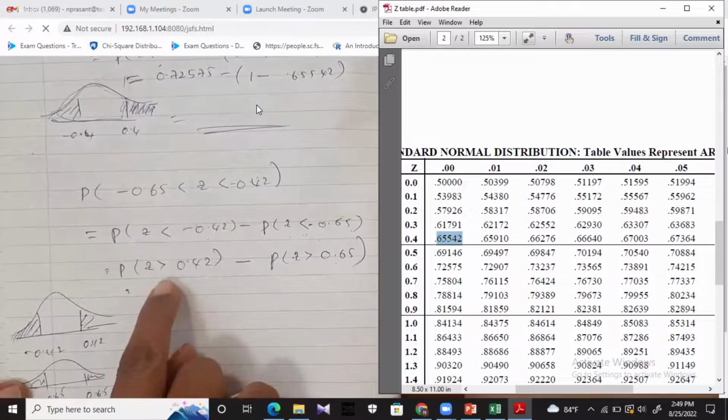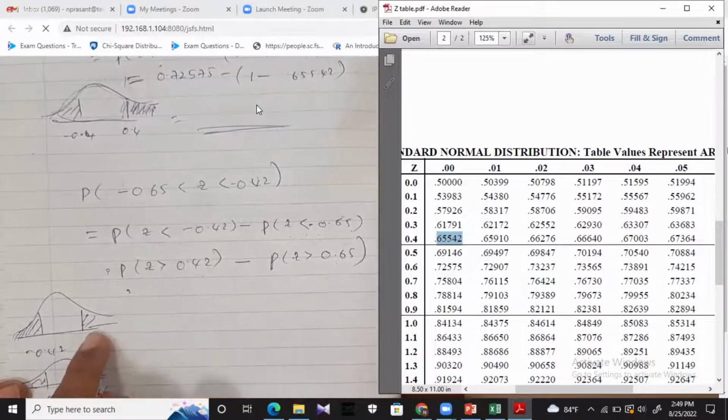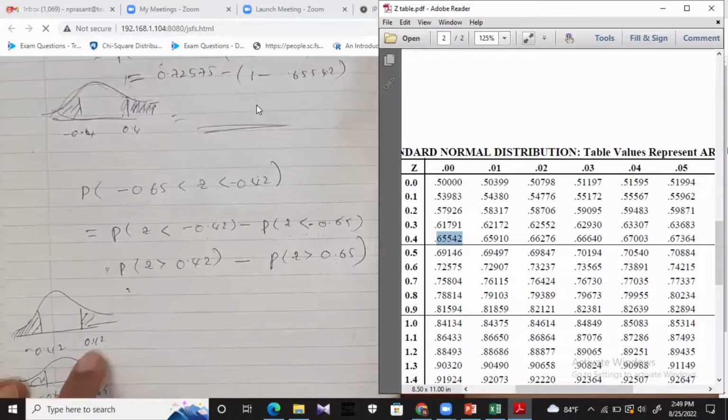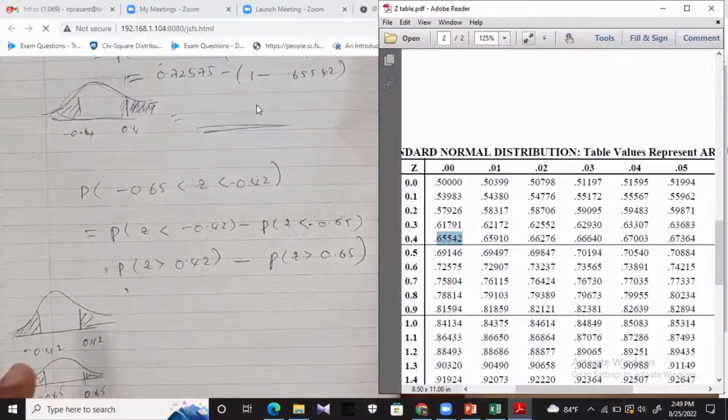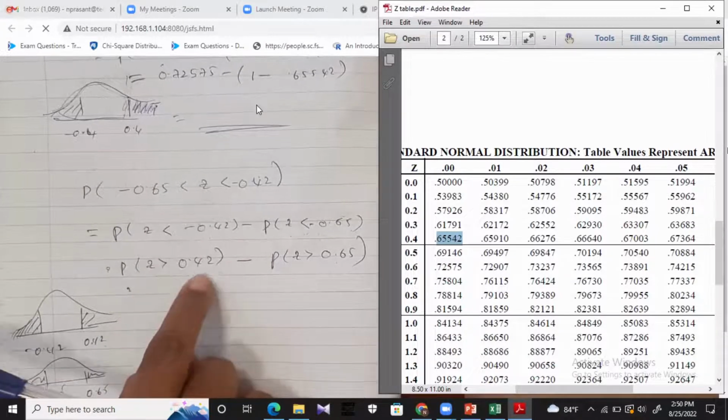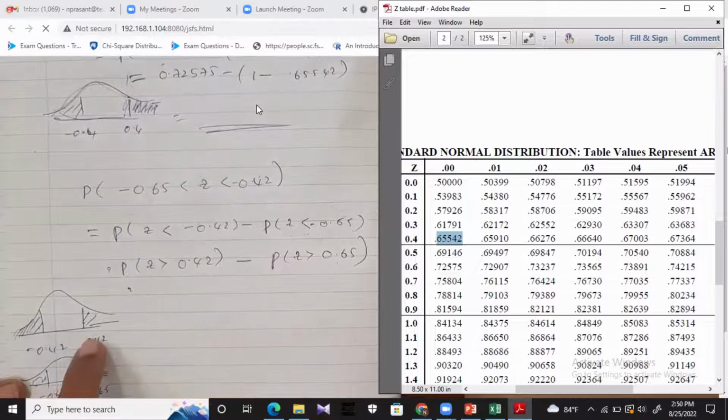Is it greater than 0.42 means this region that is equal to 1 minus is it less than. We need to find P is it greater than 0.42. It is equal to 1 minus P is it less than 0.42.